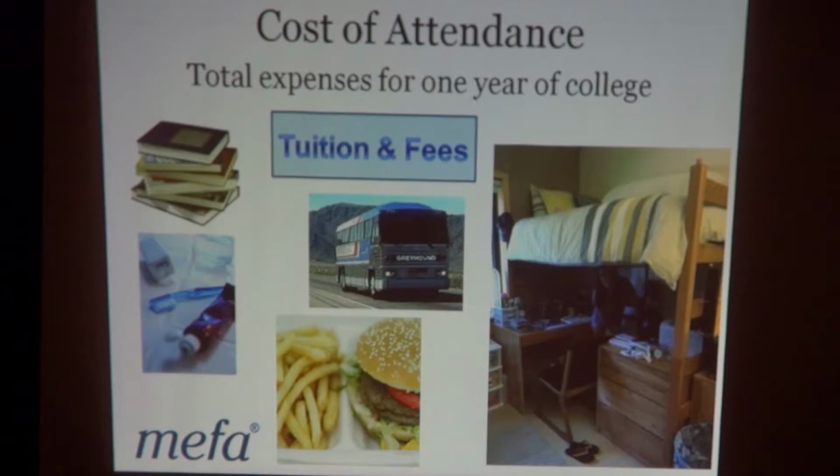So it includes the tuition and fees that are billed, room and board that typically is billed at least in that first year. If you're living off campus, obviously it's not billed. But then transportation, travel, personal expenses, books and supplies. There'll be estimates typically for those in that cost of attendance.